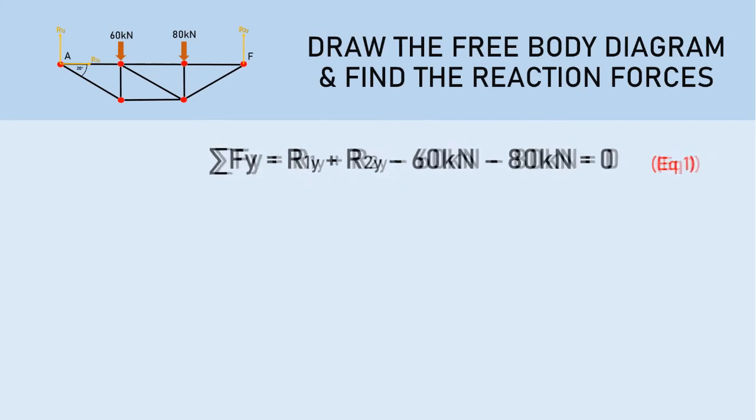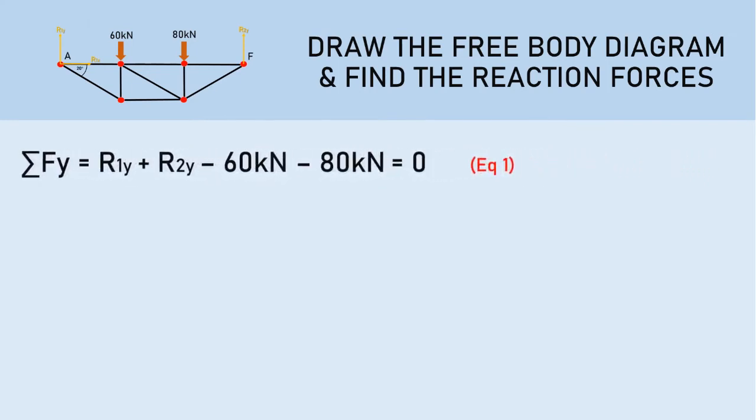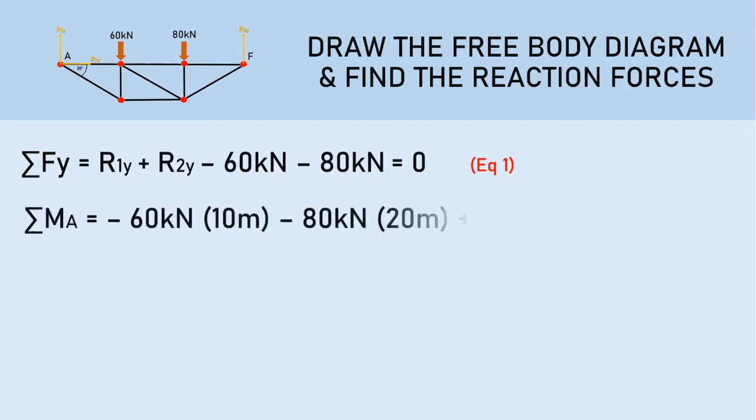Now let's proceed to the moment equation. First, the moment about point A. The sum of the moments about point A is equal to negative 60 kN, because it is a downward force, times 10 meters, minus 80 kN times 20 meters, plus R2y, which is one of the reaction forces, times 30 meters, which equals 0.